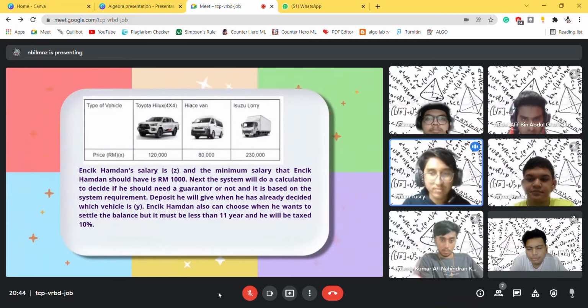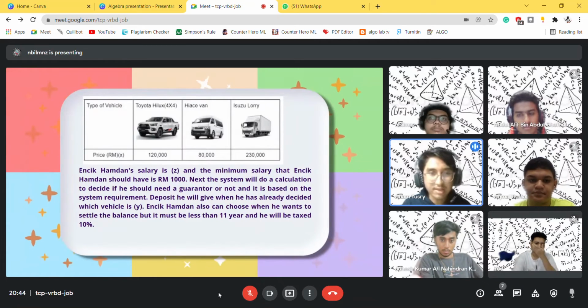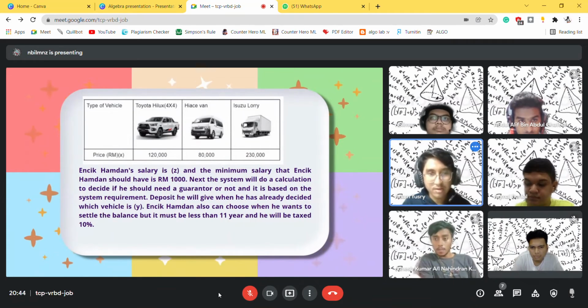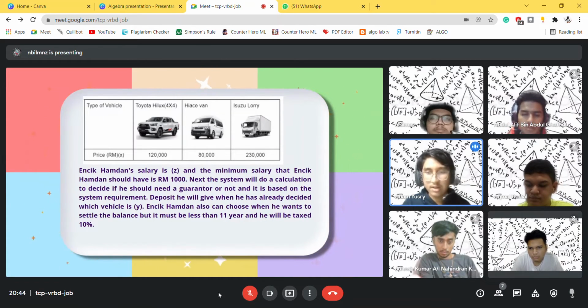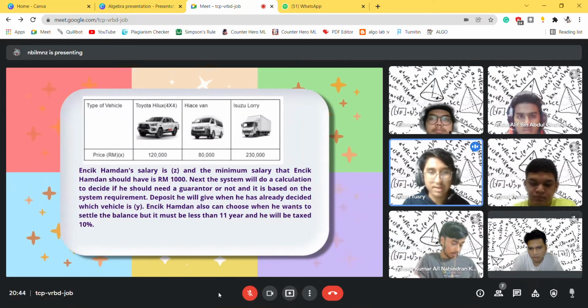The deposit he will be given once he has decided which vehicle he wants is Y. Encik Hamdan can also choose when he wants to settle the balance, but we decided that he must pay the total price of the car in less than 11 years, and he will be taxed 10%.